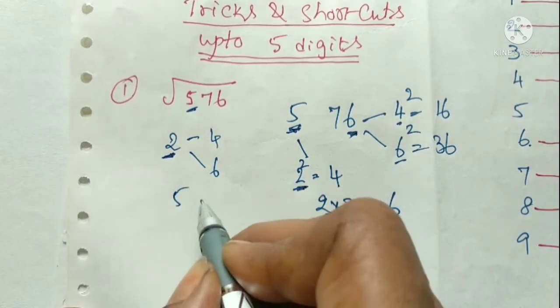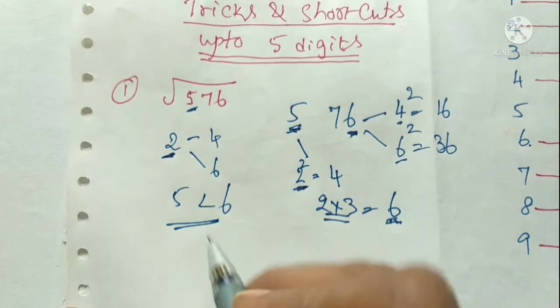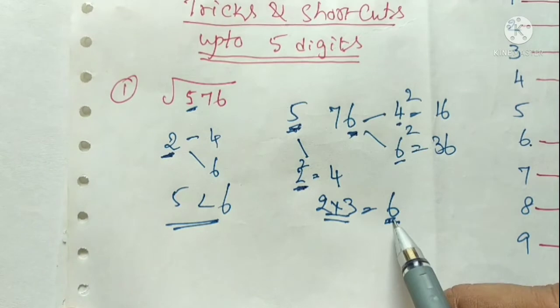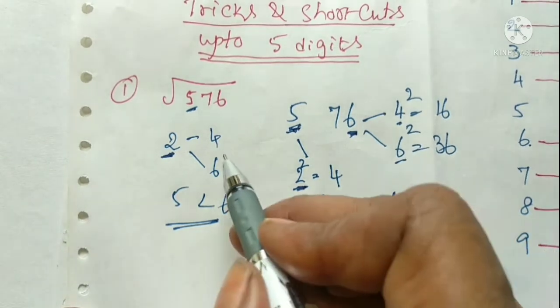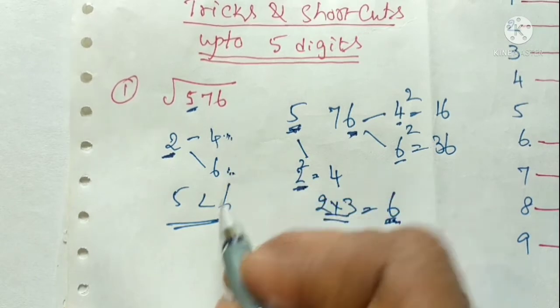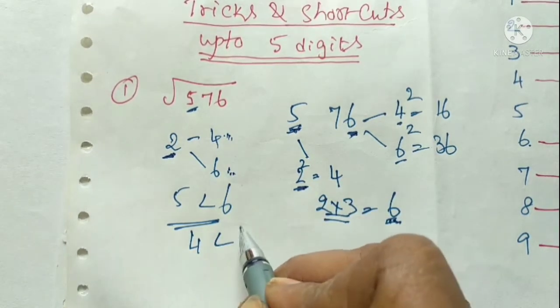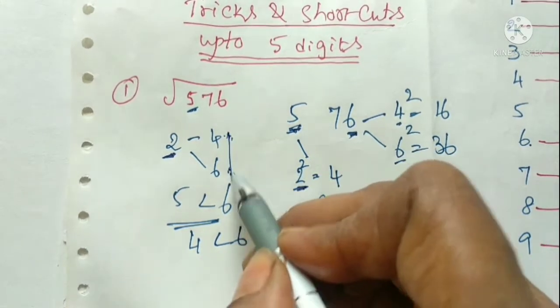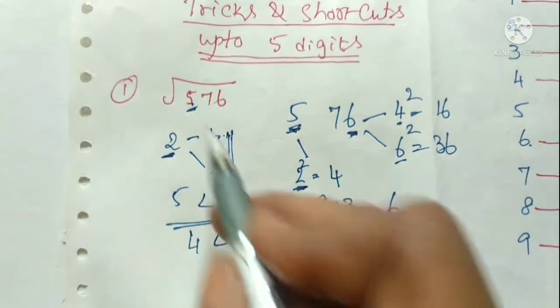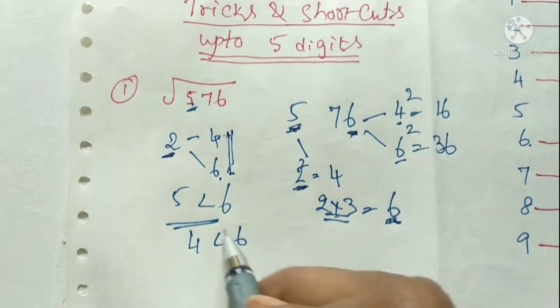Since 5 is less than 6, again I repeat, 5 is less than 6, so we observe these two. 4 is less than 6 and 5 is less than 6.